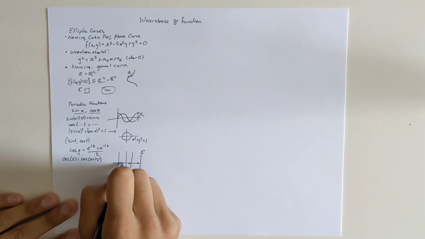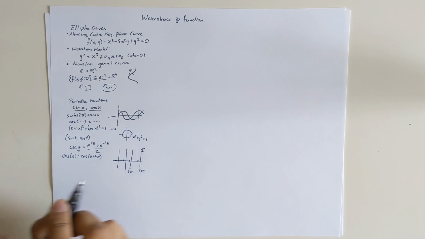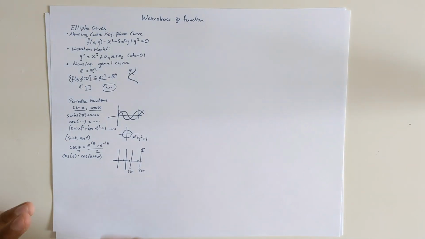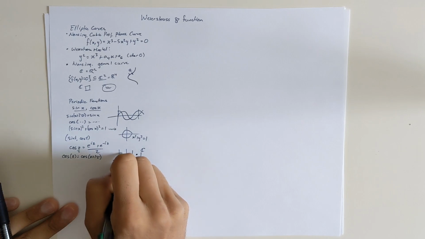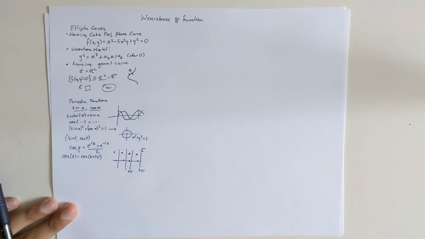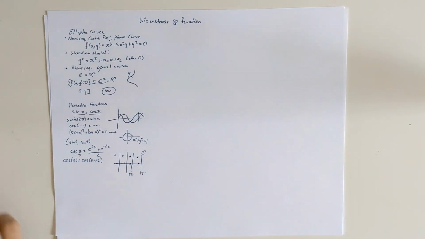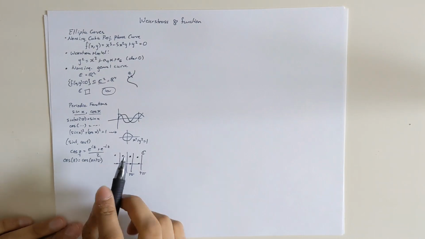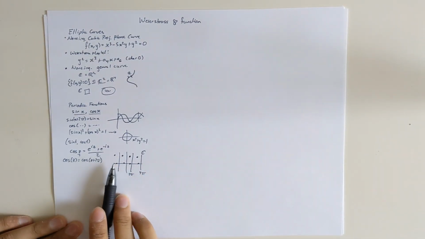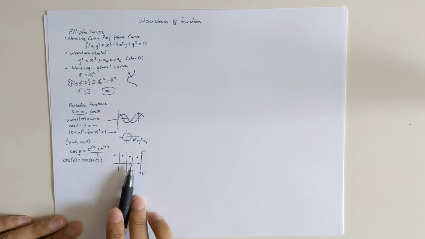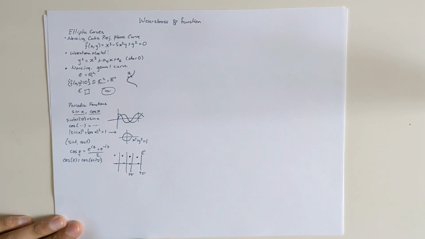This value is the same as this value, same as this value. And if we look at some other point, maybe not even a real point, this value is the same as this value, same as this value. As you can see, the values are determined on this sort of vertical strip. If you know the value here, then you know the value to the right, and so forth. So to know all the values of cosine z, it suffices to know the values of cosine z in this little vertical strip of width 2 pi.